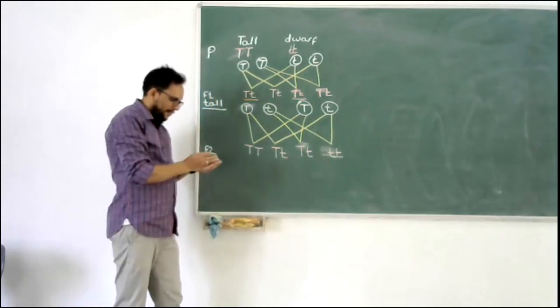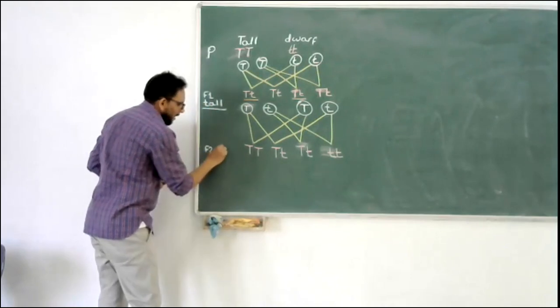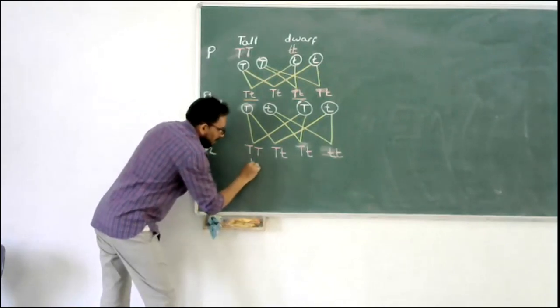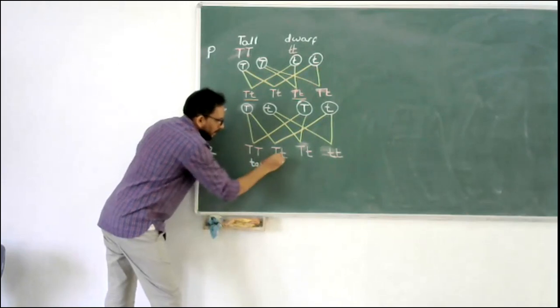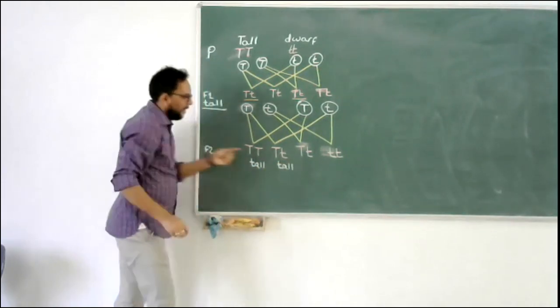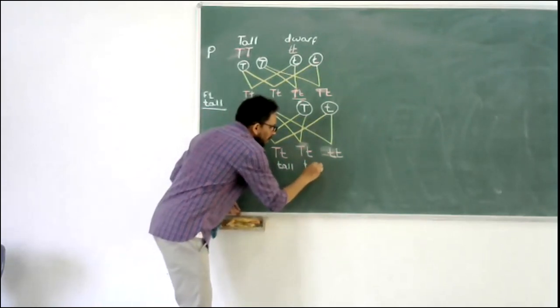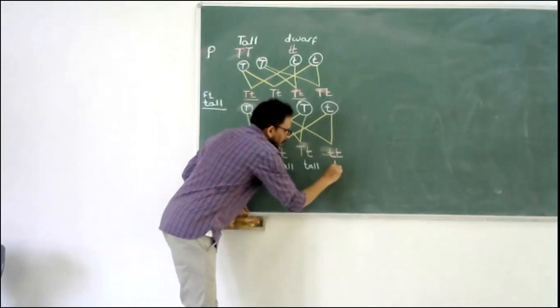Let's write the phenotype for the F2 generation. This will be tall. This will again be tall because it is heterozygous but has a dominant character. This will again be tall, and this will be a dwarf.